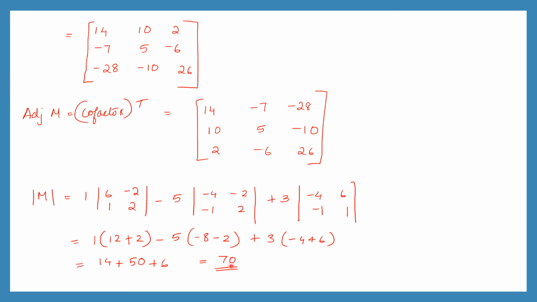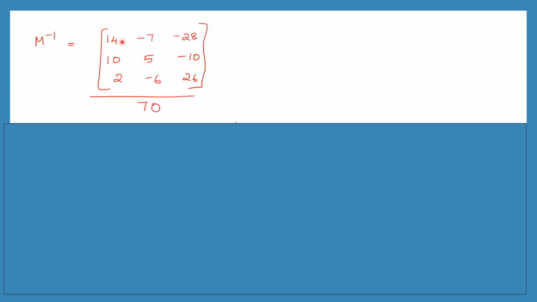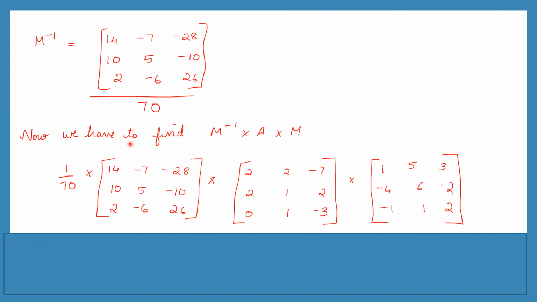Now what we need to find is M inverse, which is adjoint of M divided by determinant of M. So the adjoint of M matrix divided by the determinant of M, which is 70. This is the value of M inverse. The next, last step is to find M inverse into A into M. So this is 1/70 into 14, -7, -28, 10, 5, -10, 2, -6, 26.